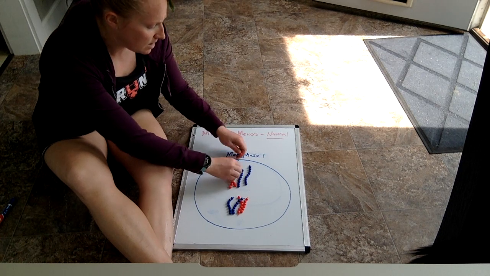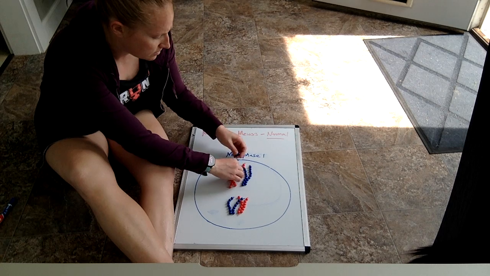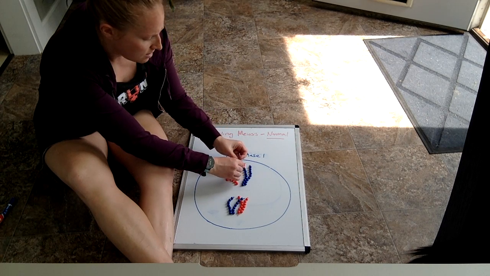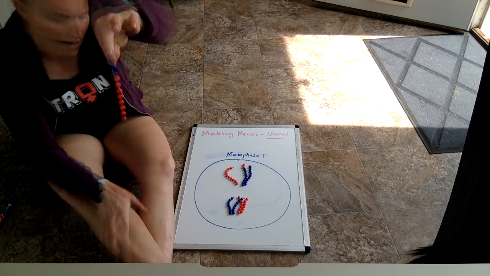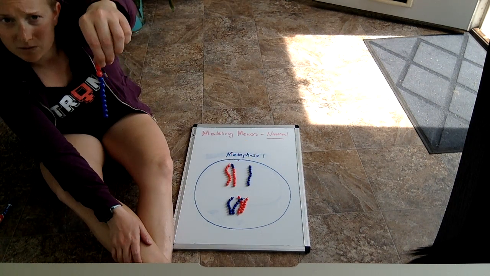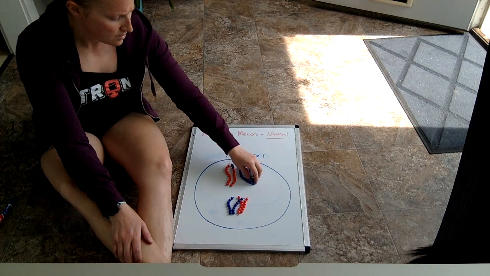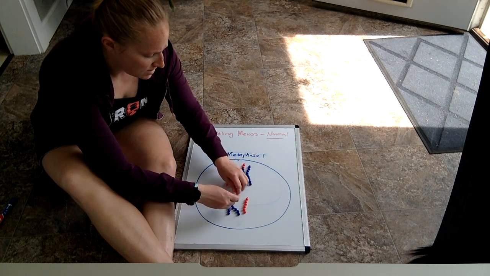So we're going to get a little bit of the red on the blue chromosome and vice versa. So now I'm going to have this one that's morphed red and blue, and then this one's got a little bit of red but mostly blue. And we're going to do the same for these guys, just the ends.